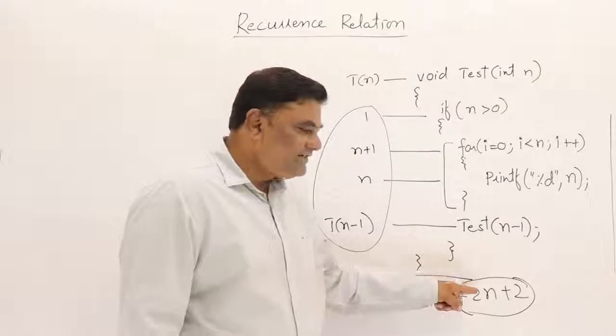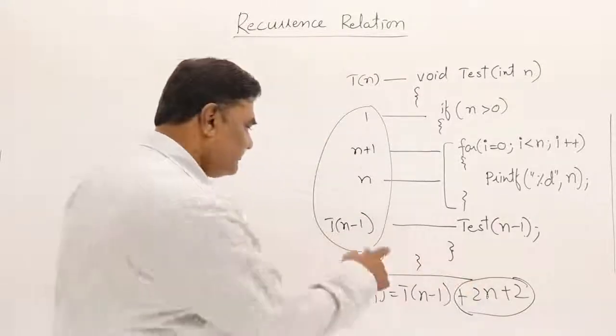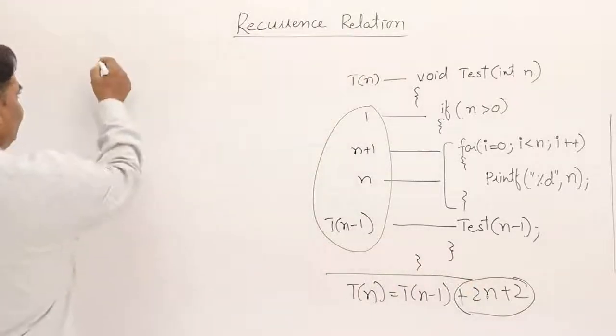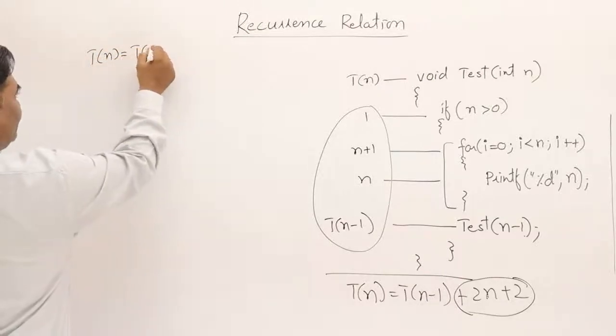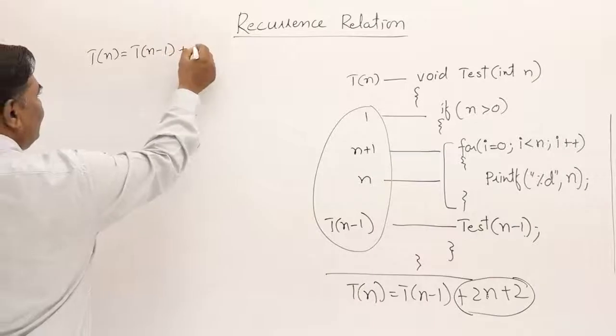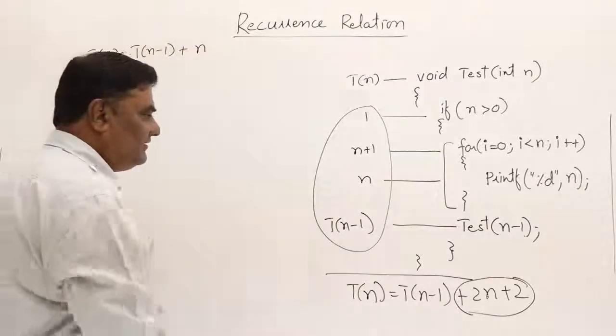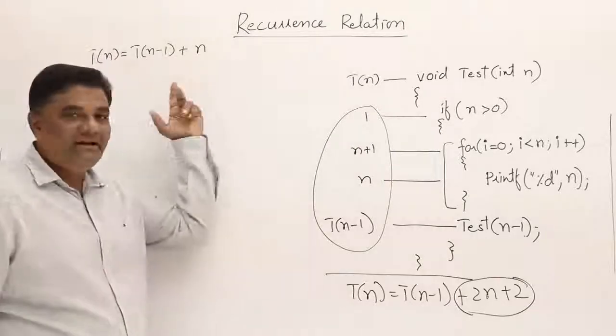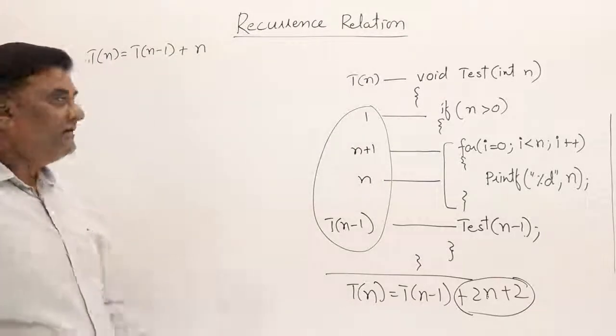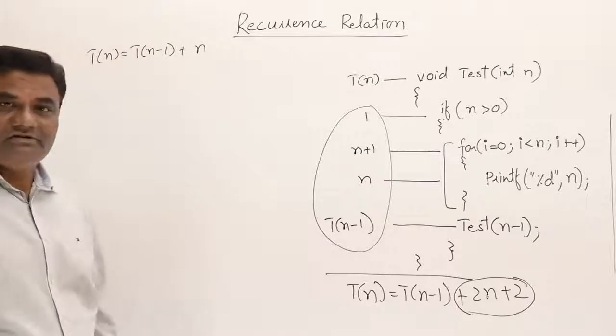It belongs to a linear class, degree 1. So I can frame it as Tn is equal to Tn minus 1 plus n. Instead of writing 2n plus 2, I can simply write n. Now this is the recurrence relation I got.